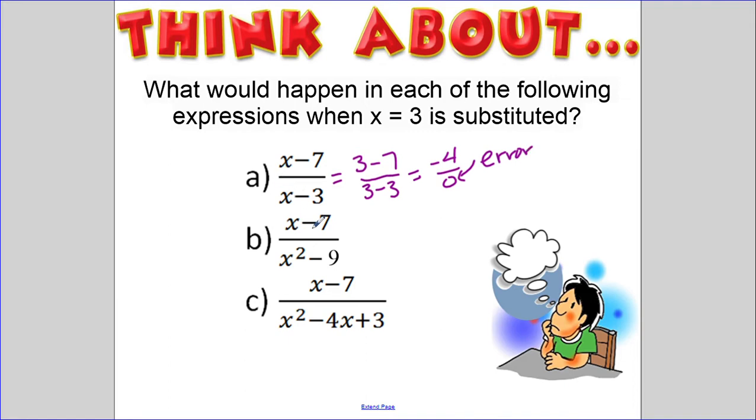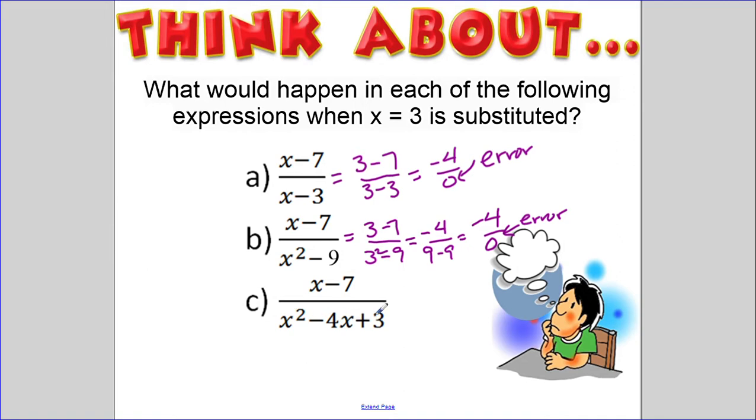If I take a look at the next one, I run into a similar situation. Here I've got the same 3 minus 7, and on the bottom I have 3 squared minus 9. So I get negative 4 over, and 3 squared is 9, and 9 minus 9, I end up with the same problem where I get negative 4 over 0. Same thing, I'm going to get an error because I'm dividing by 0.